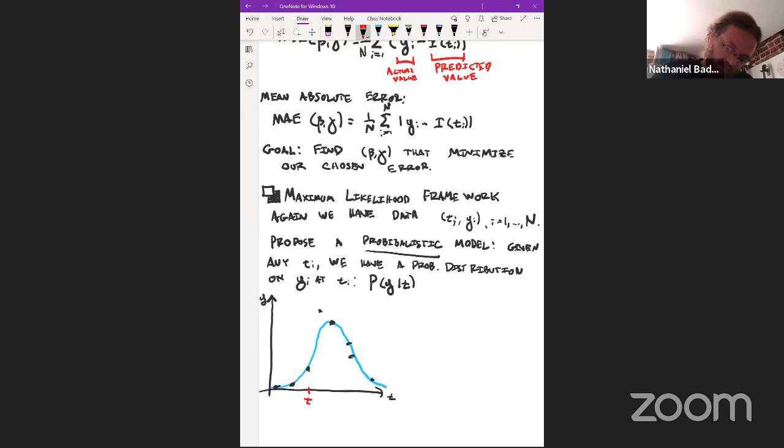So for ti, we have a little Gaussian distribution around, for instance, this mean. Along each slice here, this is a Gaussian distribution.